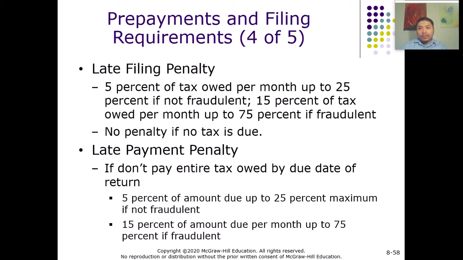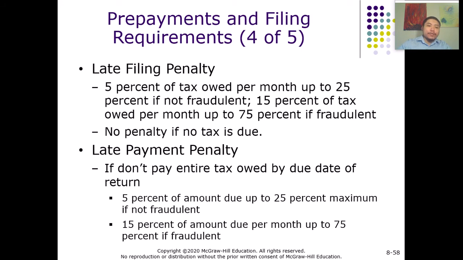But if the taxpayer is subject to some fraudulent activities that the IRS finds out, then they may ask the taxpayer to pay 15% of the tax owed per month, up to the maximum amount of 75% of the amount owed. So that's the late filing penalties.